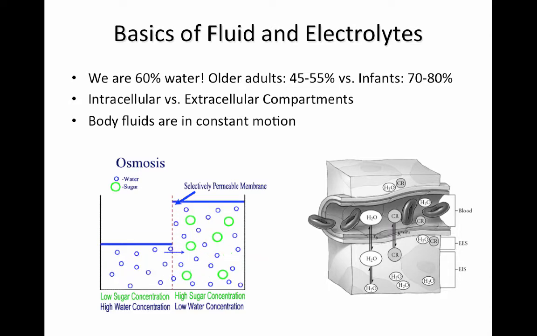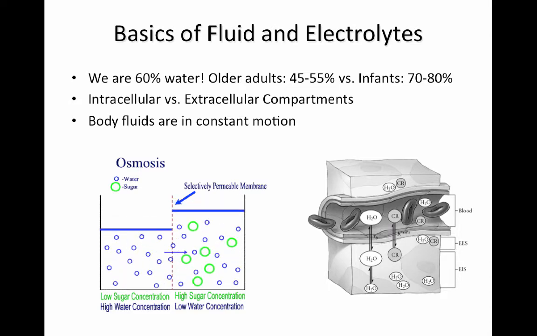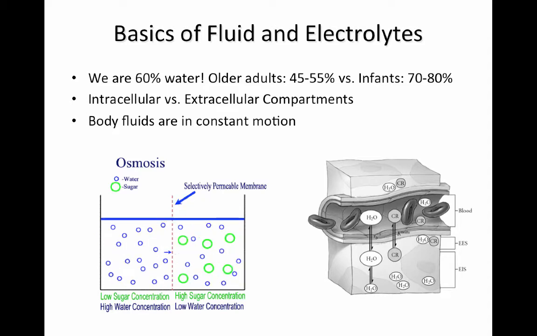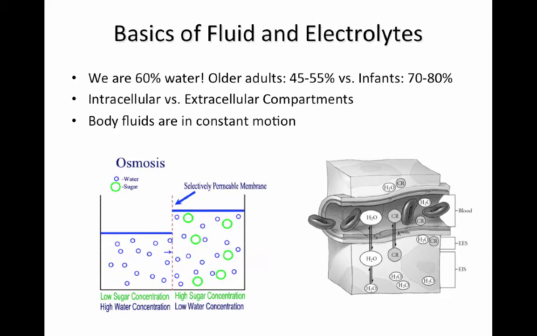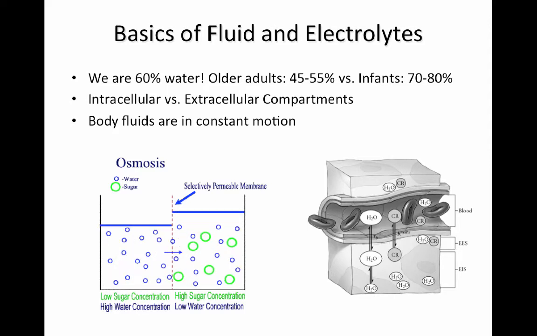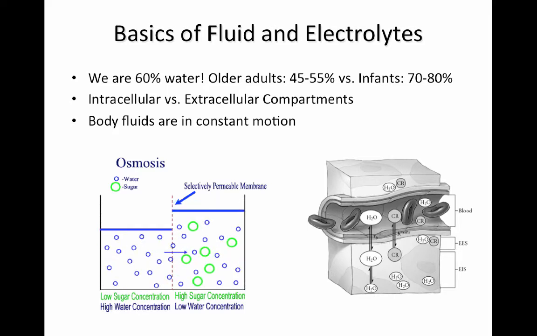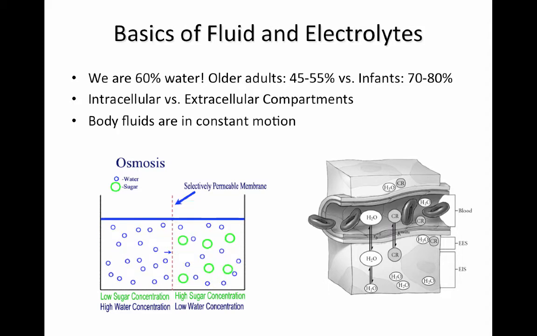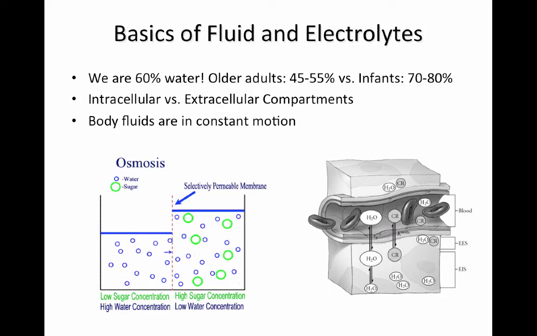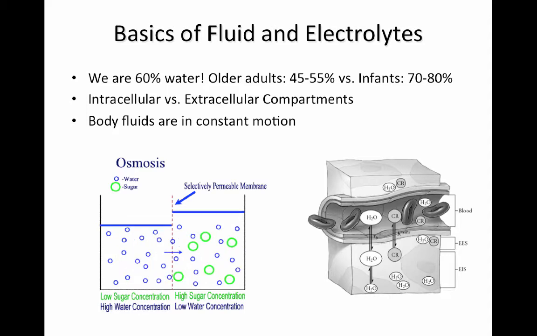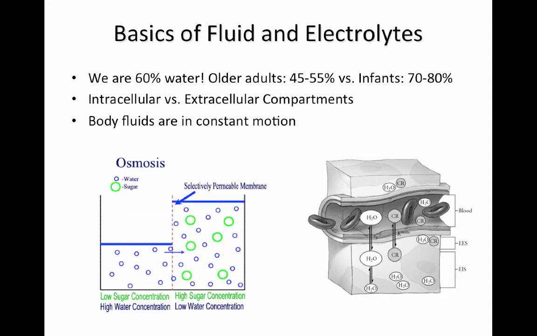So the body fluids need to be in constant motion to achieve this homeostatic environment. Water and particles will move in and out of the extracellular and intracellular spaces, or into the different compartments, because of osmosis and diffusion.